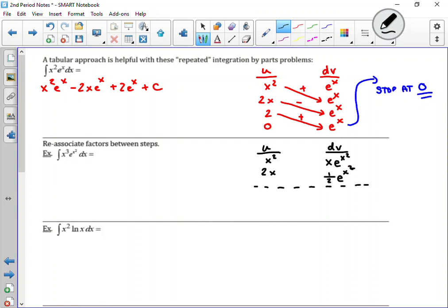So this row, I'm going to rewrite down here. This is not an equal sign right here. I'm just moving things from this column to this column. So I am going to move the 1/2 over to the u side and make it 1. And I'm going to move the x over to the e to the x side and make it x e to the x squared.